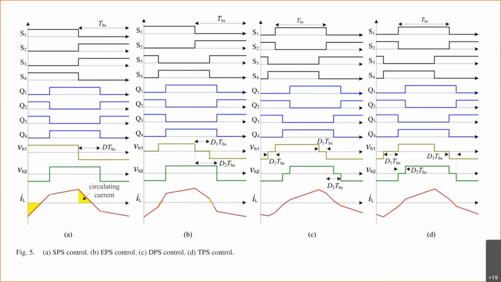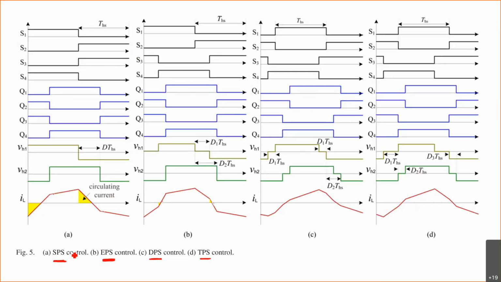We have several ways to control this dual active bridge rectifier. One is SPS, single phase shift; EPS, extended phase shift; DPS, double phase shift; and TPS, triple phase shift. These are all the control ways.